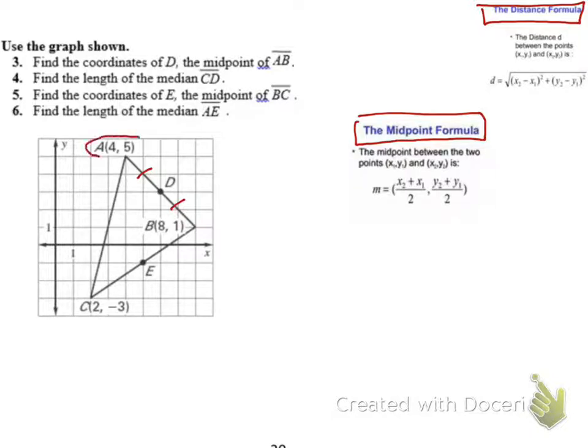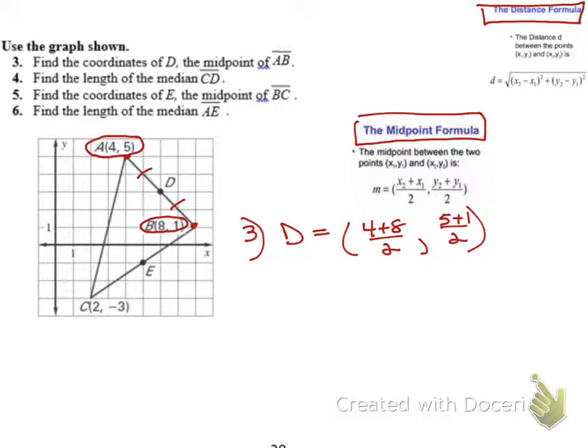Use your 2 points here. Here's the point at this edge. Here's the point at this edge. This is B right here. This is A right here. So to do 3, I would say that the midpoint, which is point D, I'm looking for a coordinate pair, equals, so let's take the first x, 4 plus 8 divided by 2 will give me my x, and then 5 plus 1 divided by 2 will give me my y.